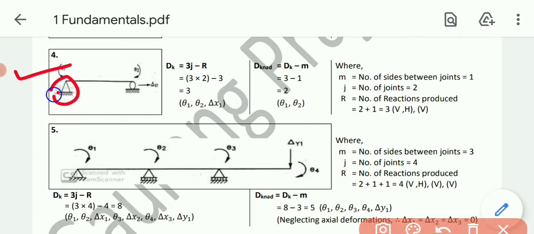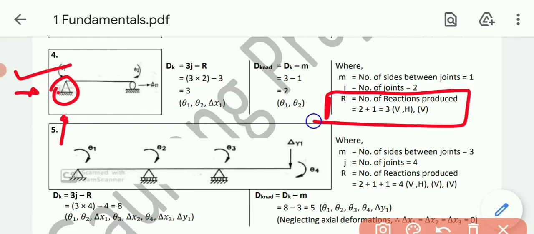In this one, hinge support, so vertical and horizontal, two reactions will be there, and roller support, only a vertical reaction. Now without solving the sum, I can know the answer. In the hinge support, vertical and horizontal are produced, so rotation will be allowed. In case of the roller support, as only a vertical reaction is there, the remaining ones are horizontal and rotation.